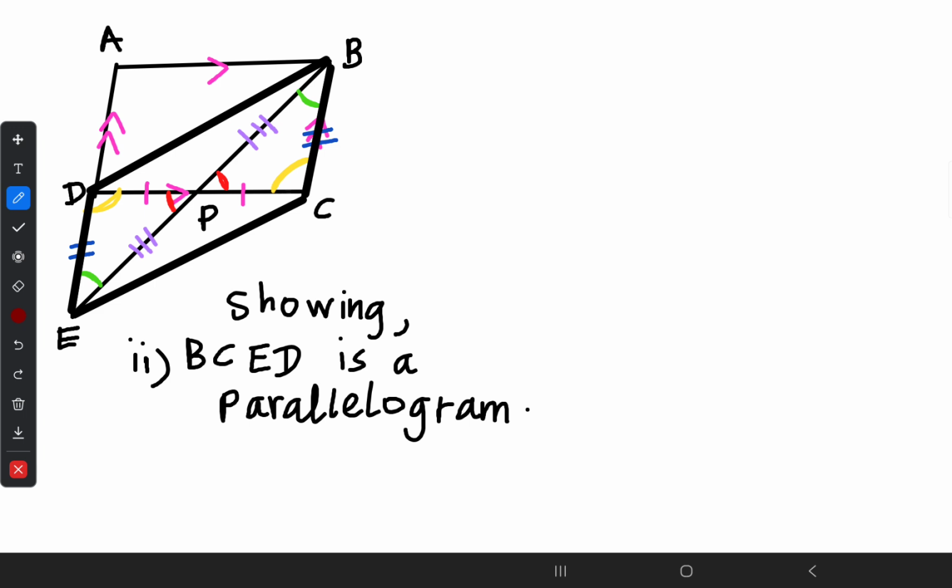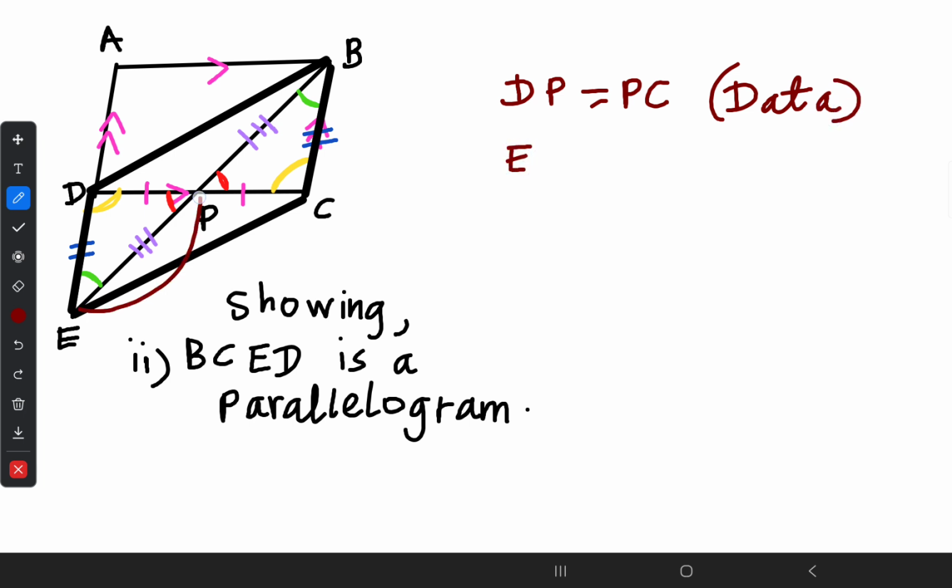By indicating that, you can show this one as a parallelogram. So I will write here: DP equals PC. This is one data. And second one, EP equals PB.